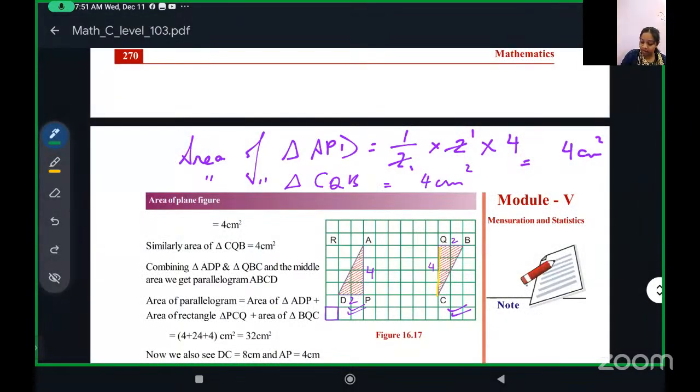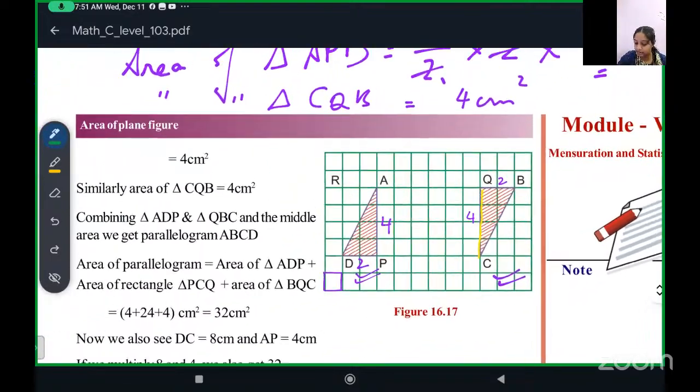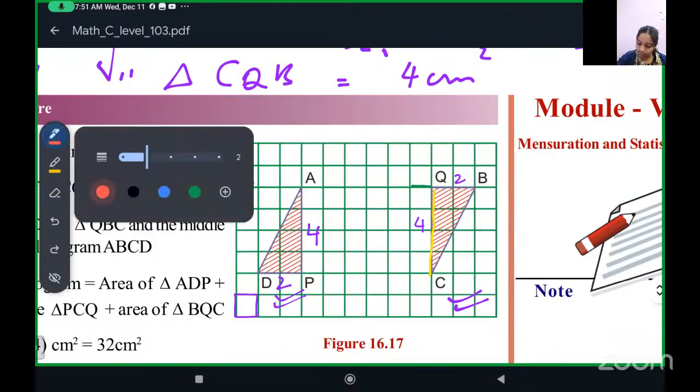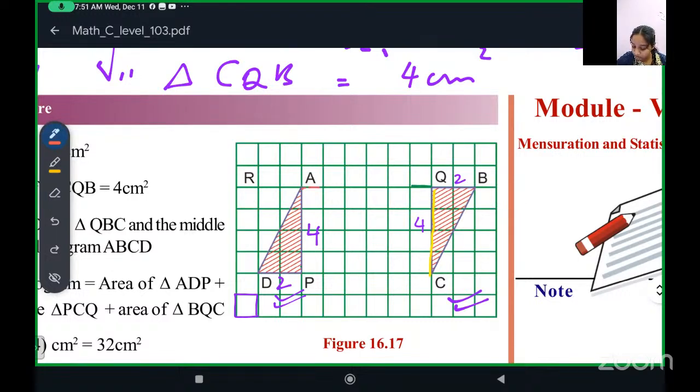Now, two triangles we calculated. Let's take a look at this rectangle in between them. Let's use a different color for it. This is the rectangle that is there in between them.